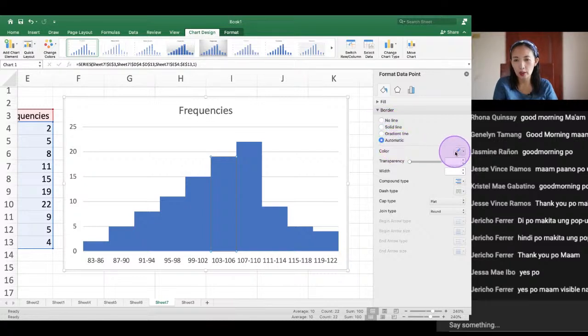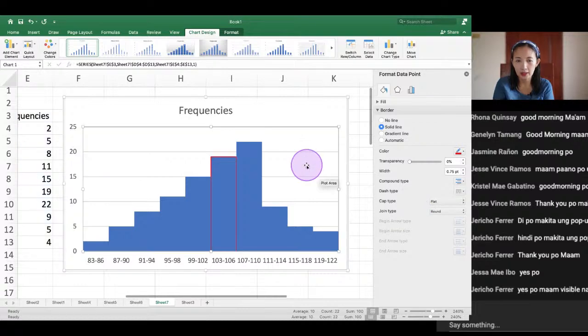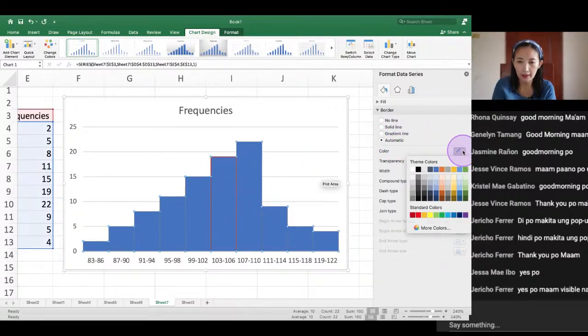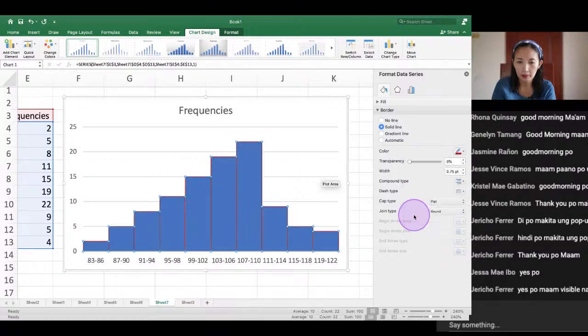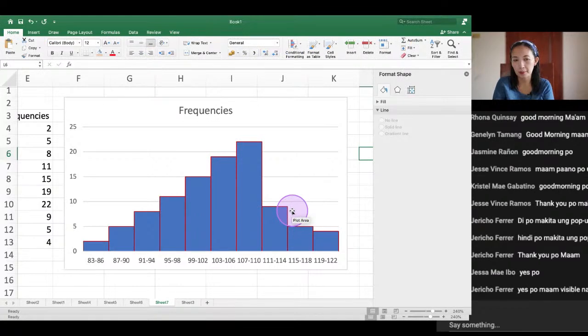Change it into a different color, because the bars are already in blue. Let's choose a color that will make a contrast with blue. I'm going to choose red, for all of the bars. Okay, red. And that's it. So this is our histogram.